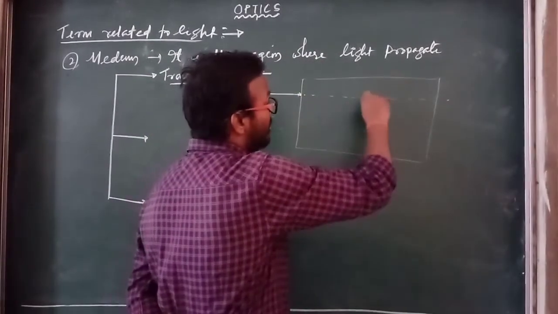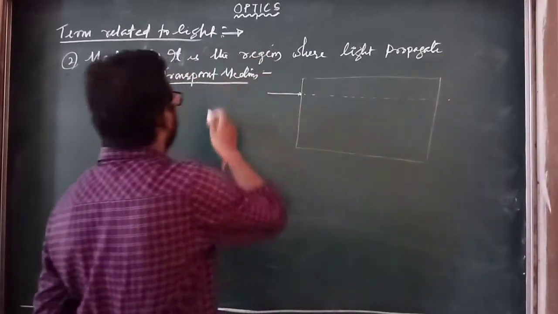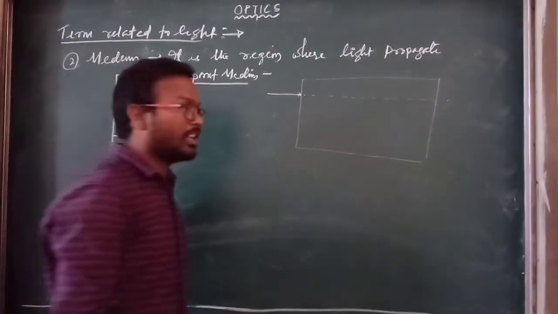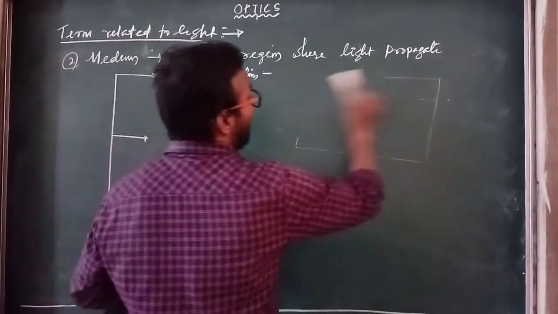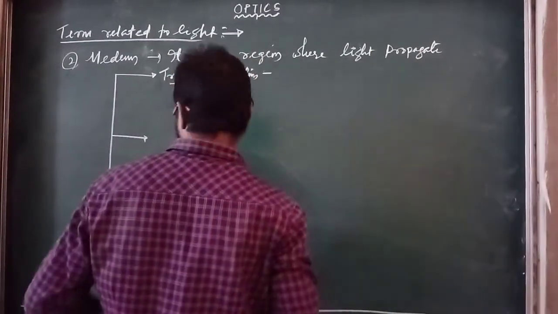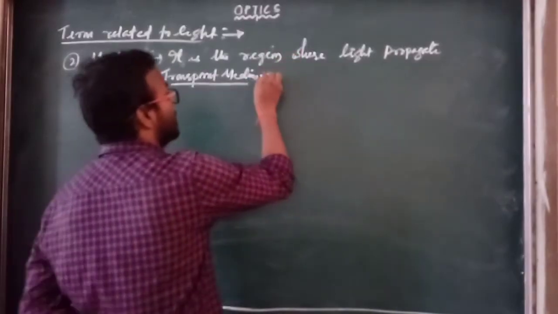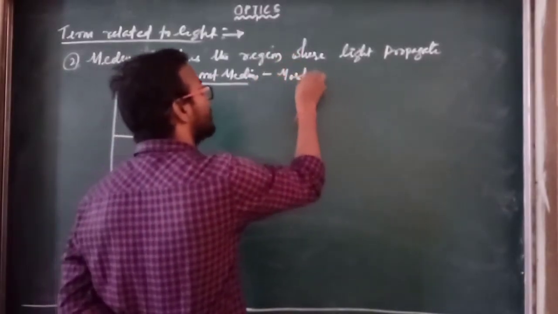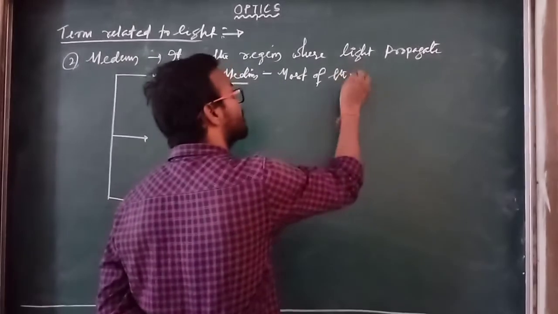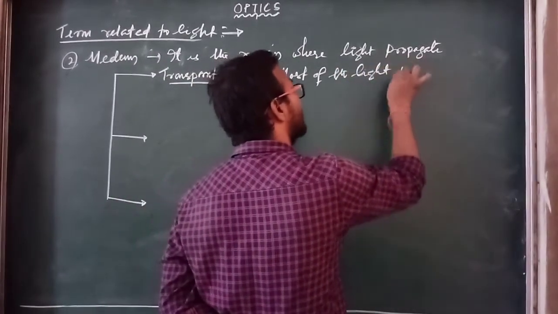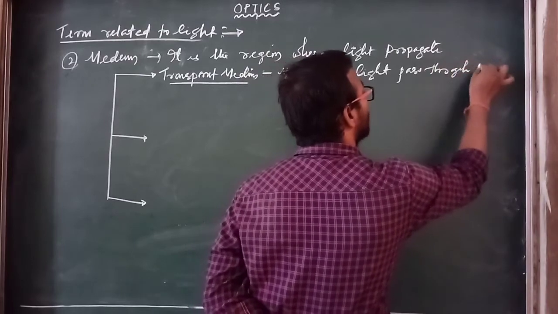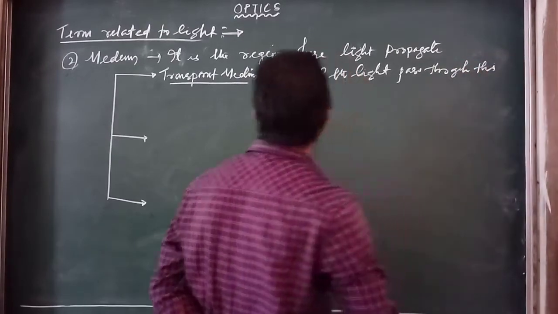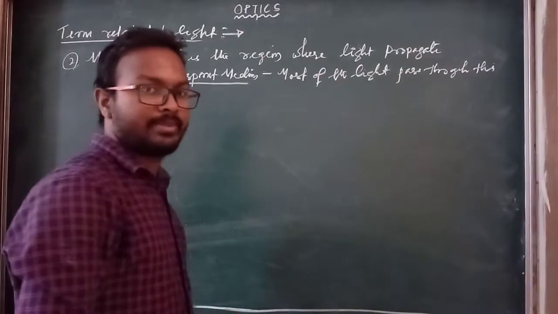That region where light propagates is known as transparent medium. Most of the light passes through this medium, and this medium is known as transparent medium.